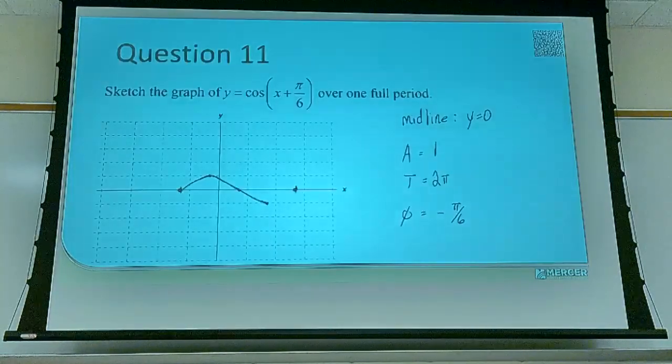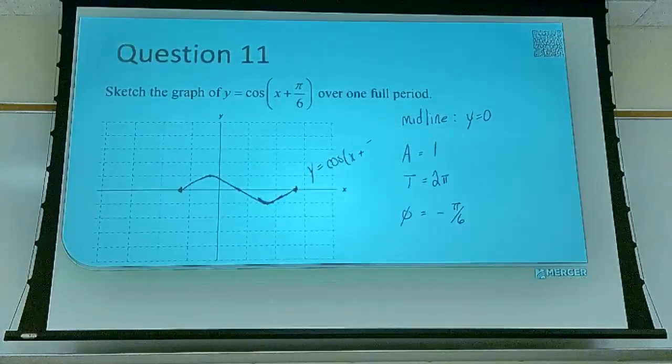And maybe it looks something like cosine of x plus pi over 6.